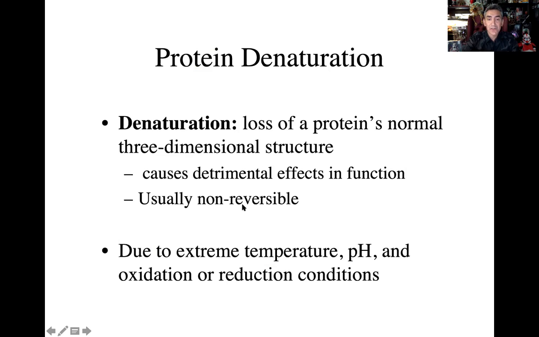Once we denature, normally it's not gonna renature. It's not gonna go back and reconfigure to the right shape. It stays denatured. What can cause denaturation? Extreme temperature, very hot temperature, very, very cold temperature. Extremes in pH, very strong acids, very strong alkaline substances, radiation, which can cause oxidation, reduction.